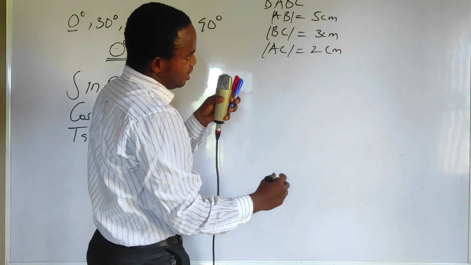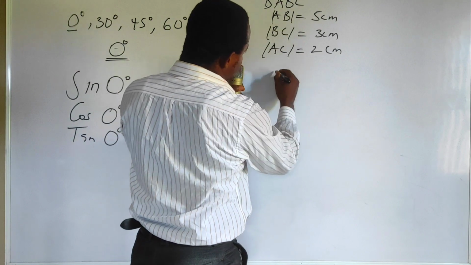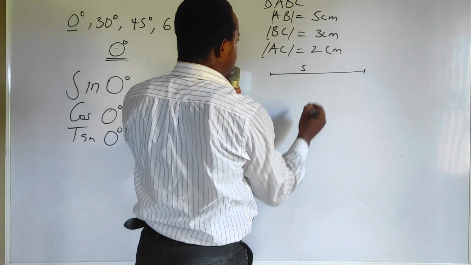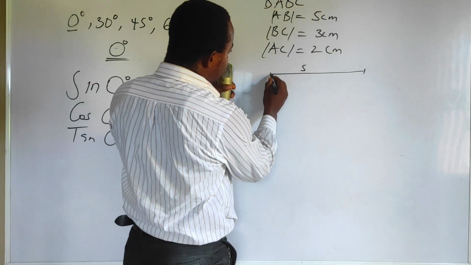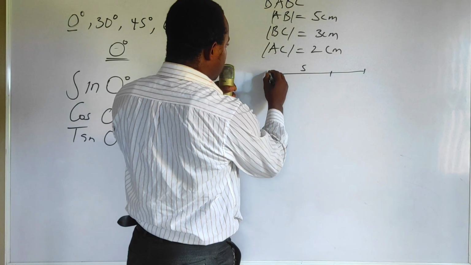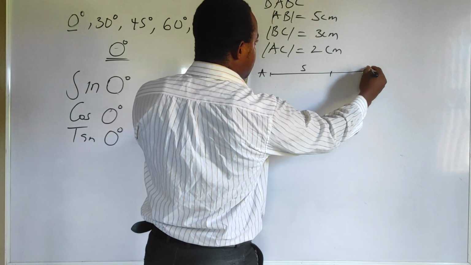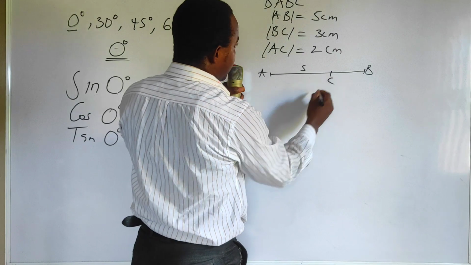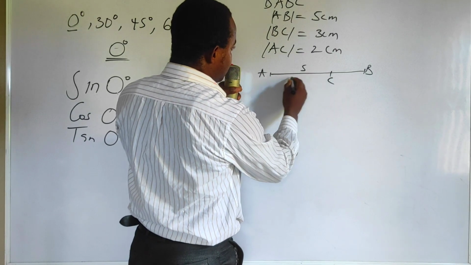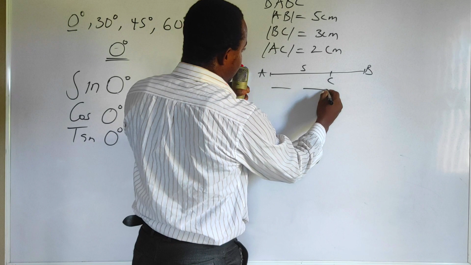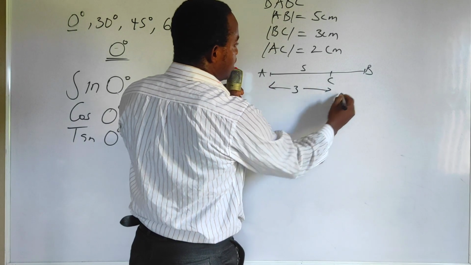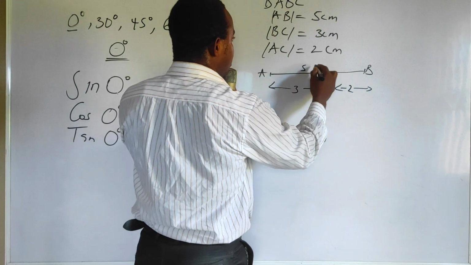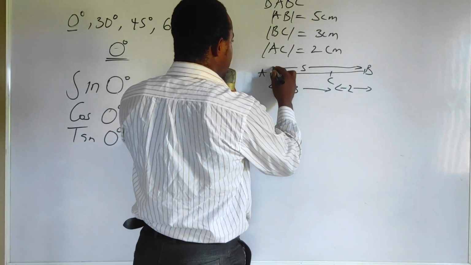You will see from here that if the first line AB is this long, say 5 centimeter, with A here and B here, the other point C is somewhere in between, where from here to here is 3 and from here to here is 2, and the whole thing is 5.